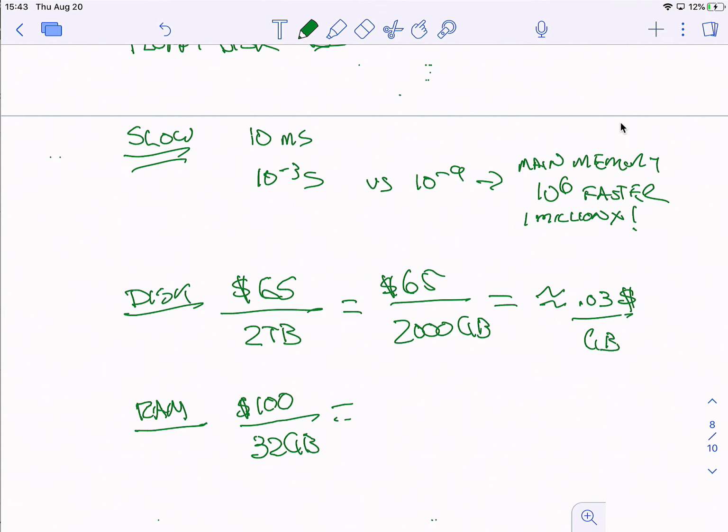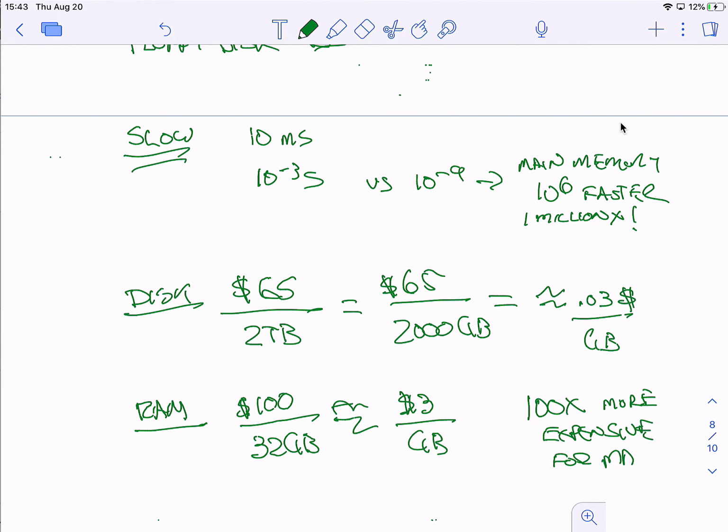So 100 divided by 32 gigabytes equals about $3 per gigabyte. That works out really nicely. So that means the difference between these two is it's about 100 times more costly for main memory.